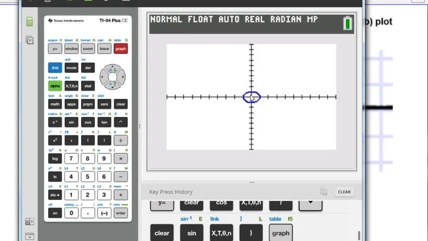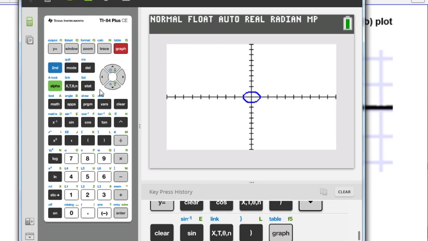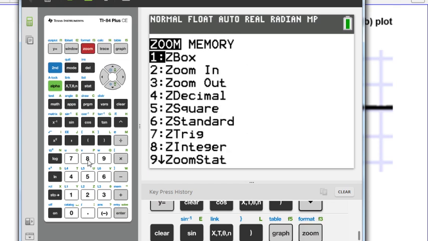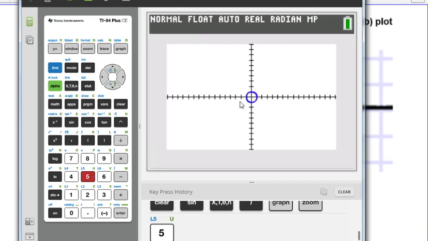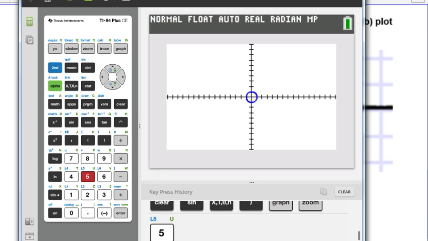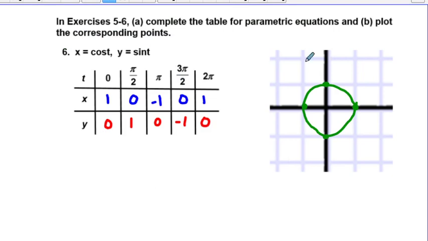And see, the proportionality is off because of the way the calculator is set up. If you go to zoom square, or zoom 5, zoom square, it really proportionalizes properly. So really we're looking at a graph of the unit circle. That's what it is.